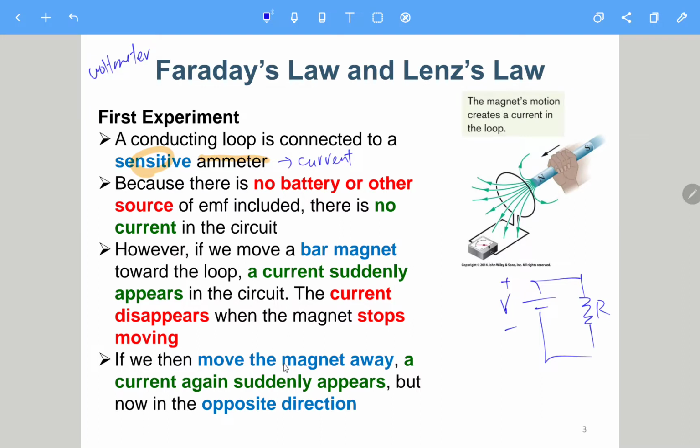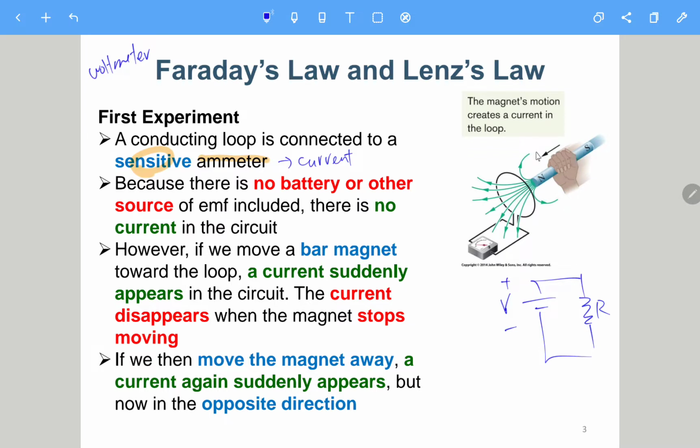Okay, if we then move the magnet away, a current again suddenly appears, but now in the opposite direction. So this so-called induced current relates to the movement of this magnet bar, not actually the existence of the magnet bar. Initially we don't have the magnet bar, we don't have current.